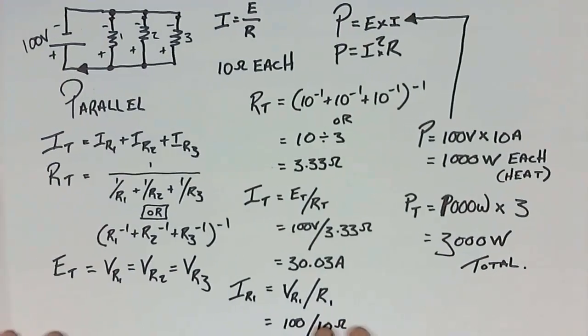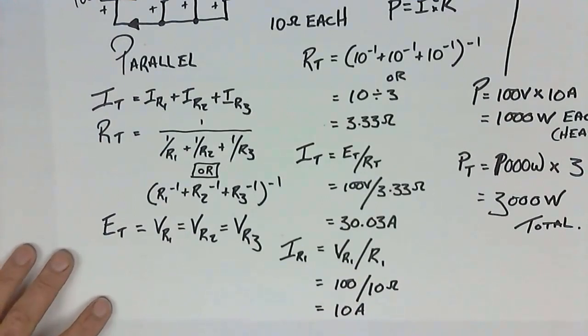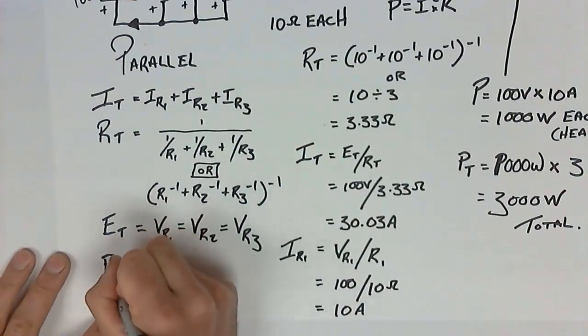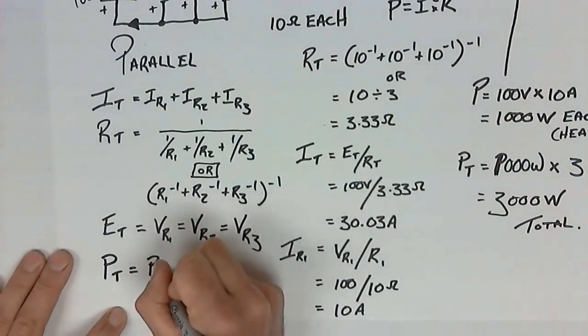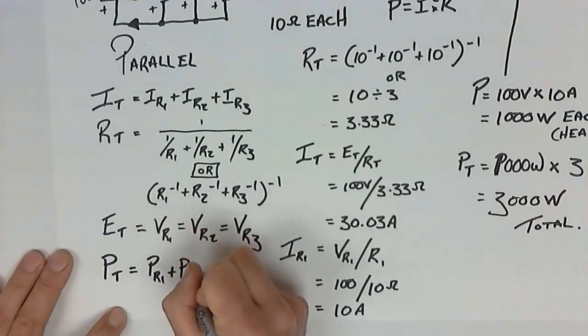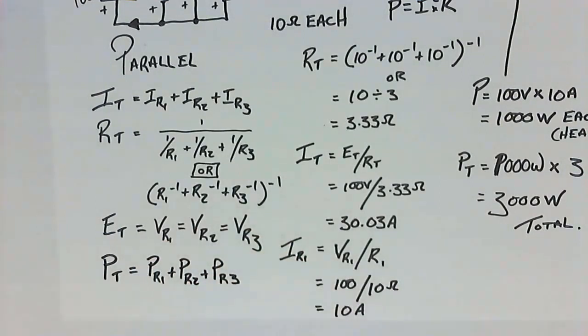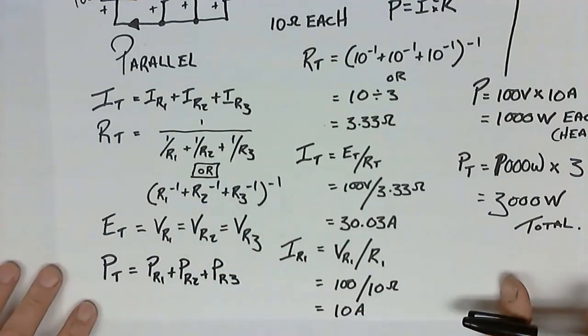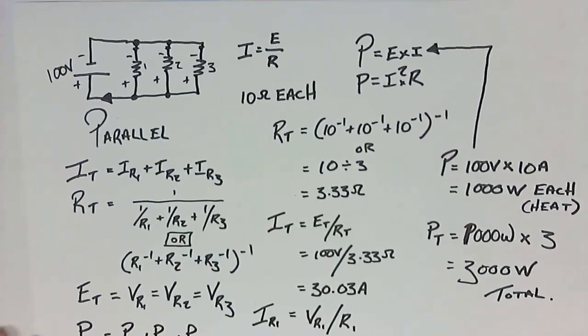So, what is the equation for calculating total power in a parallel circuit? It's exactly the same as a series circuit. P R1 plus P R2 plus P R3. All three. So, parallel circuits in a nutshell.